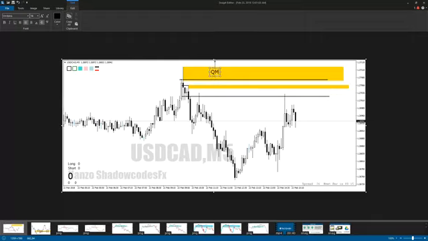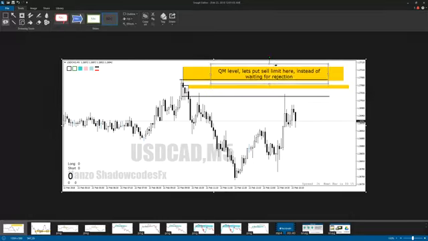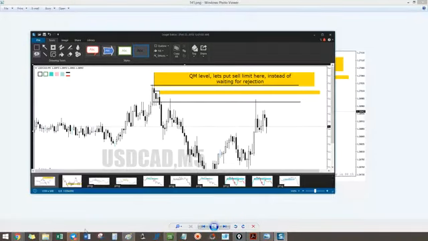QM level. Let's put sell limit here, instead of waiting for rejection.